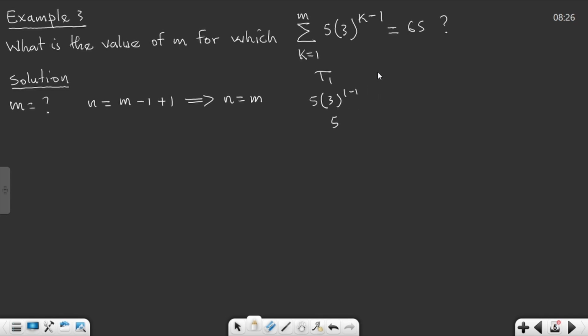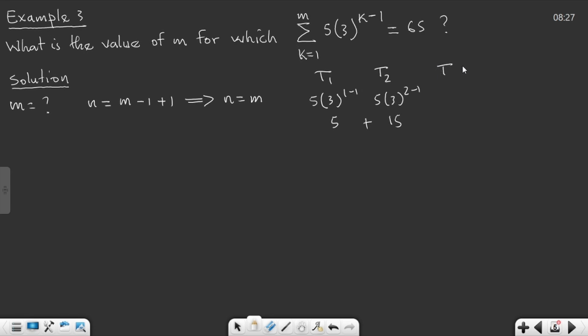So T1 is 5. What is T2? It will be 5 times 3 to the power of, now you replace K with 2, minus 1. And this is 1. 3 to the power of 1 is 3, times 5 is 15. So you can see we have a series there.